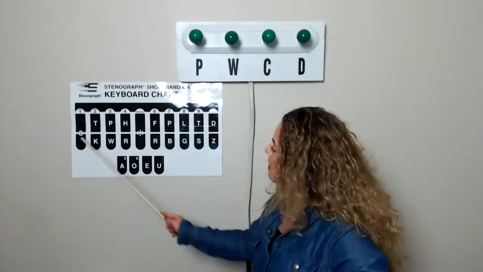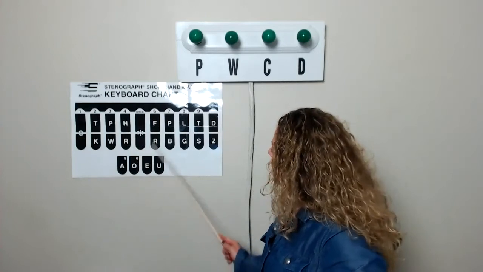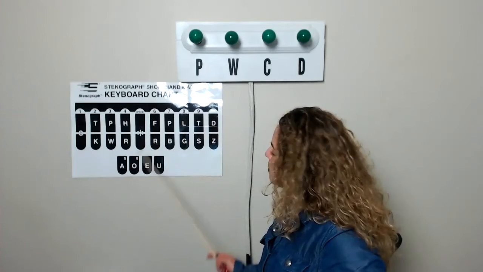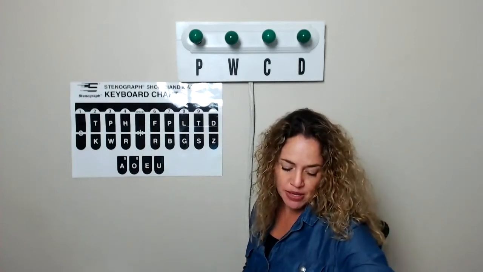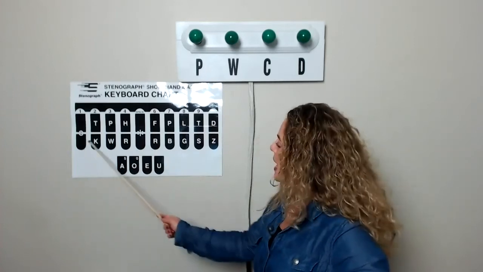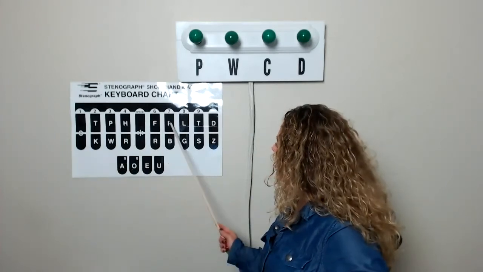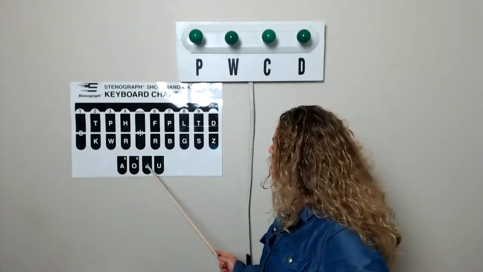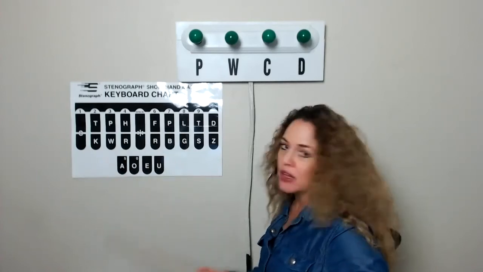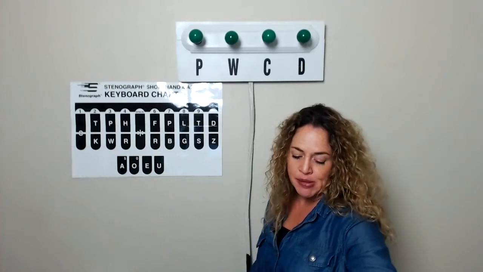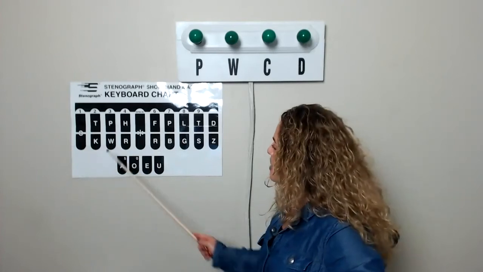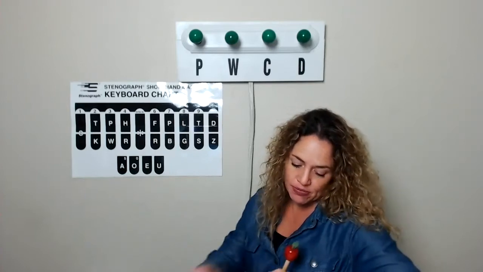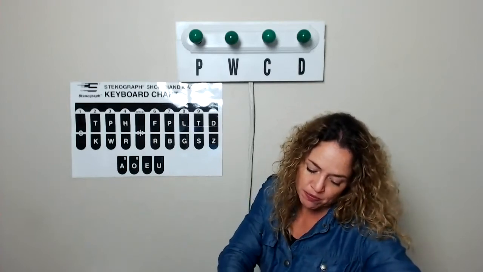Splendor, S-P-L-E-N-D, come back for long O-R, splendor. Then we have squirm, S-K-W-I-R-M, squirm. Squirrel, S-K-W-I-R-L. Now that one is going to be a squeeze, S-K-W-I-R-L, squirrel. Okay, one stroke.